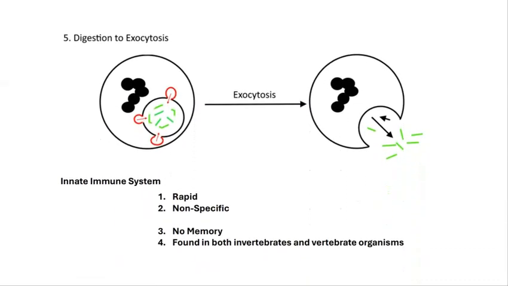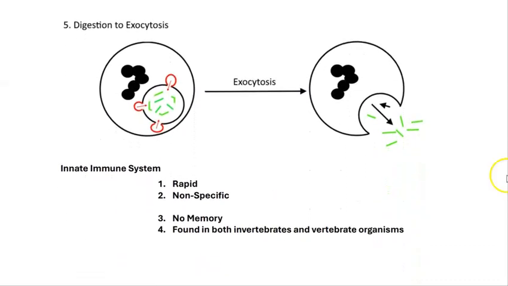And then the final stage in phagocytosis is that the phagosome migrates to the membrane of the phagocyte. It will then fuse in a process which looks very much like exocytosis, and the fragmented remains of the pathogen are released outside of the cell.